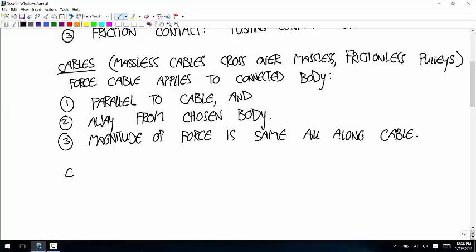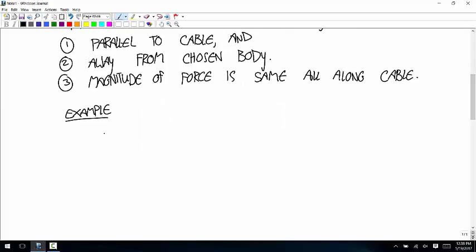Okay, so for example, if you have a pulley hanging from the ceiling and it's connecting two hanging masses, so let's say that's 2 kilograms, that's 1 kilogram.